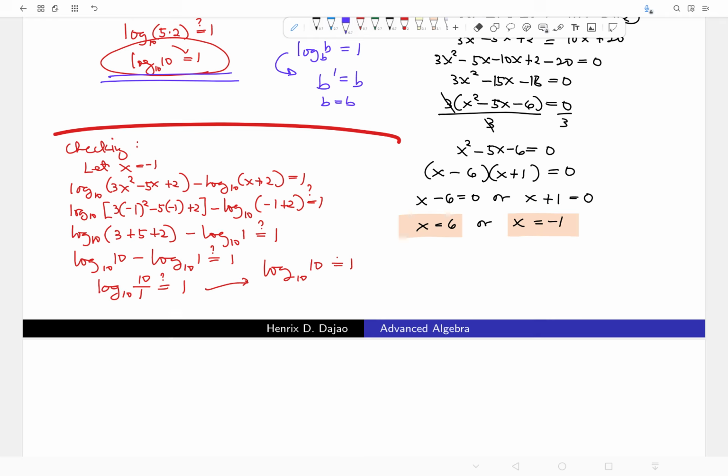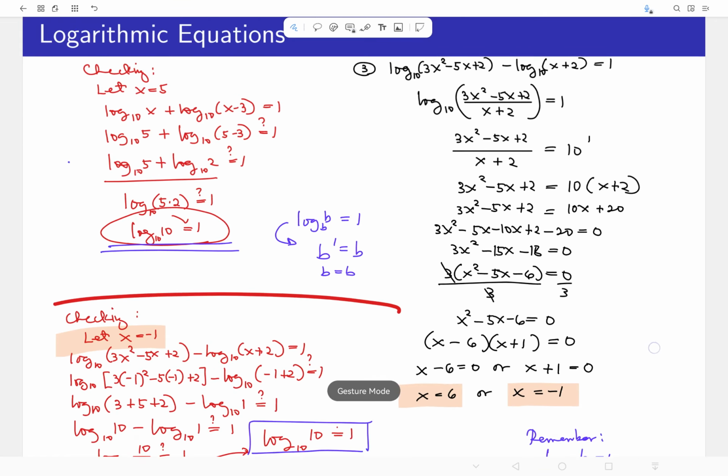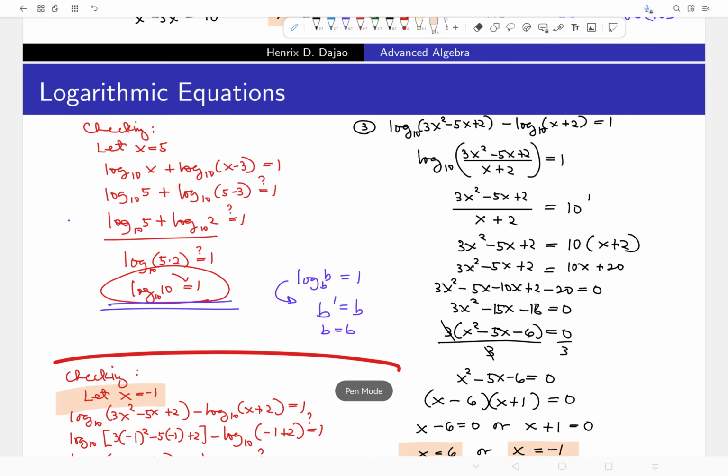Remember, log b with base b is always equal to 1. So indeed, the left is equal to the right. And so, we can say that this indeed is a solution of our equation, which is this one.